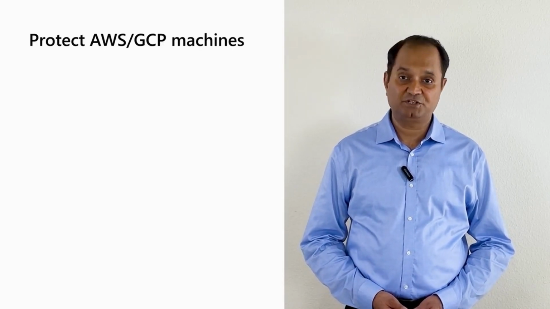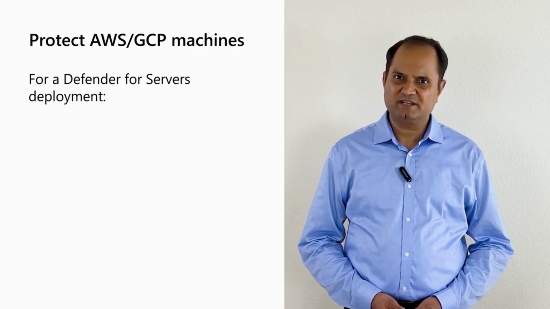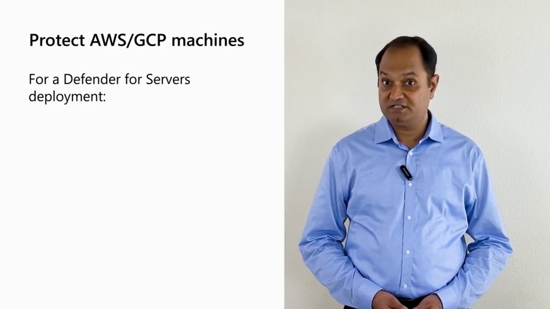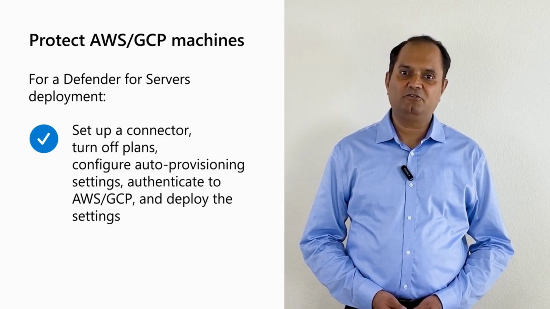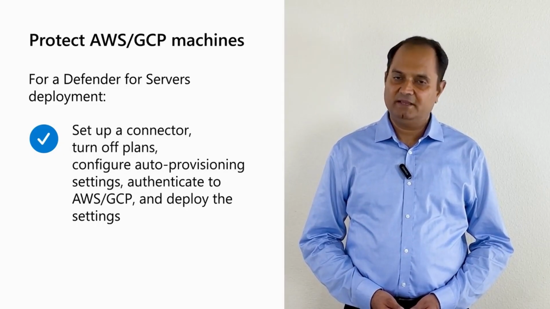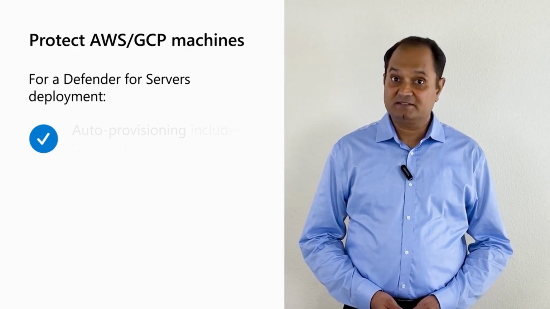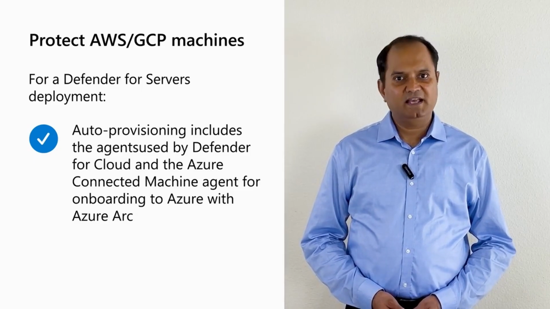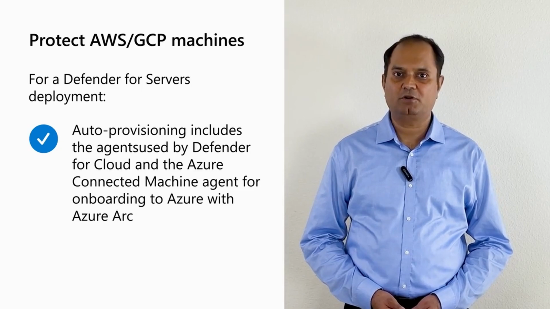The third stage is to protect AWS and GCP machines. When it comes to deploying Defender for Servers, there are a few steps you will need to follow to ensure the protection of your Amazon AWS or GCP machines. First, you'll set up a connector and turn off plans you don't need. Then, configure the auto-provisioning settings. This is important because it includes all the agents required by Defender for Cloud, as well as the Azure Connected Machine agent for onboarding to Azure using Azure Arc.